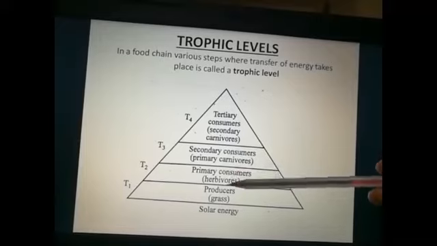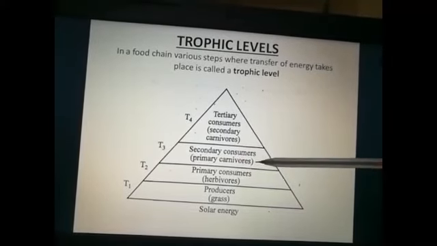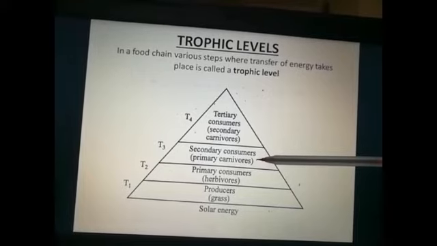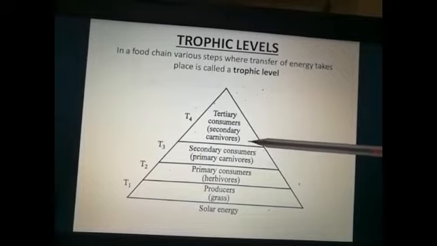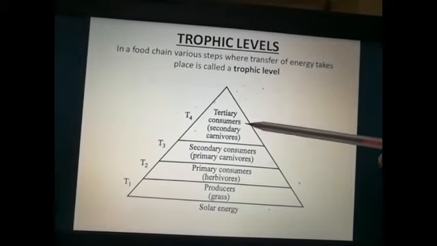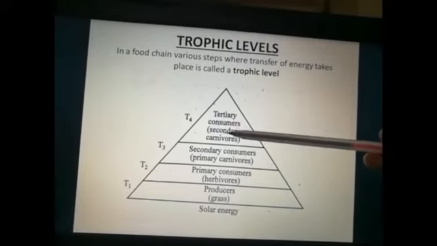They themselves are consumed by the secondary consumers, whom you also call primary carnivorous animals. Primary carnivorous animals can again be consumed by secondary carnivorous animals, which form the fourth trophic level.